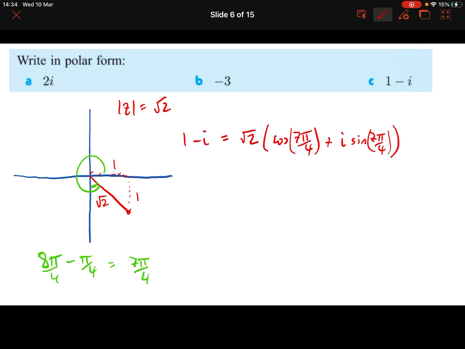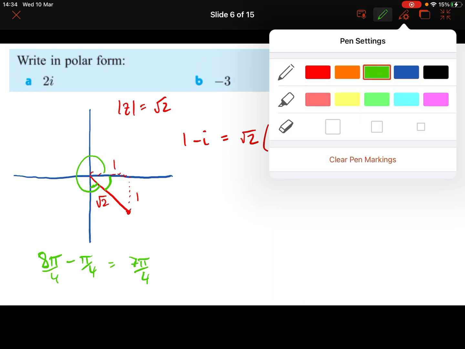Now, we can actually represent this in a different way, because we could take this angle instead. But if I go in a clockwise direction, my angle simply has to become negative. So let's just change this a second.